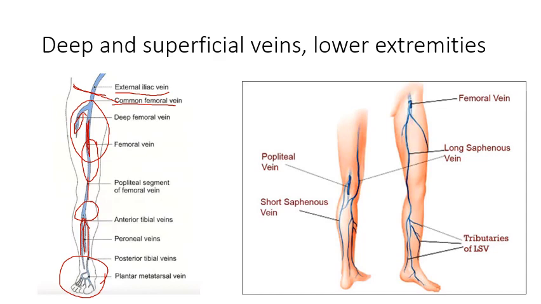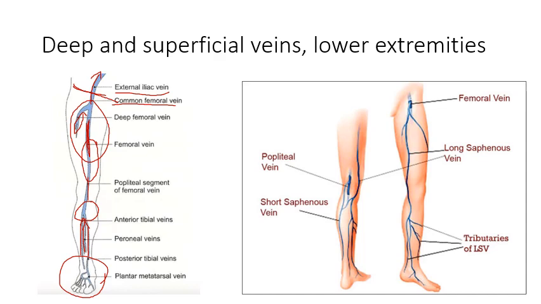The vein will change its name from the common femoral vein to external iliac vein, and it will join the external iliac vein from the other side together with the internal iliac veins and become the common iliac vein, and those two will join to become the inferior vena cava, or the large collecting vein that enters the heart.